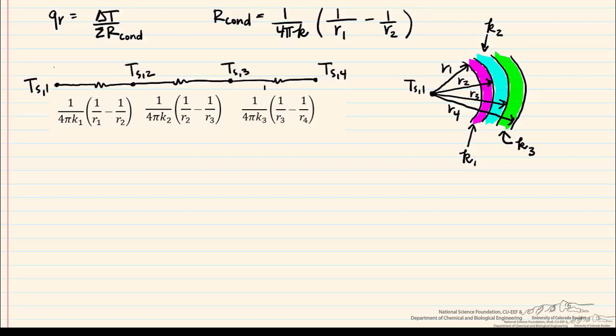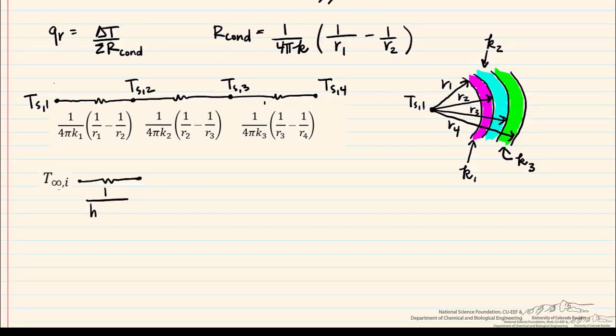Note that we haven't considered any convection, which could be occurring both in the center of the sphere as well as the outside. And if we did that, we would have to add to the left side. So here's our bulk temperature, and the resistance would be a convective resistance. So this is 1 over our convective heat transfer coefficient times 4 pi r1 squared.